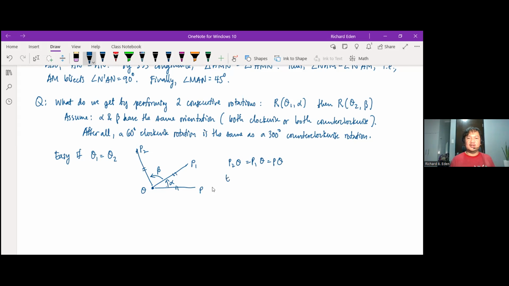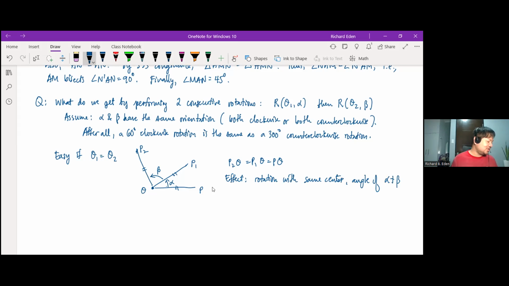Okay, so the effect is a rotation with same center at an angle of alpha plus beta. So, madali lang yun eh.